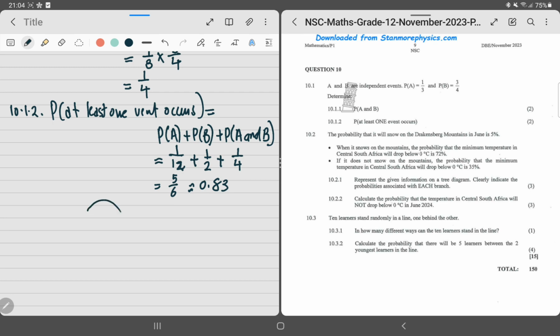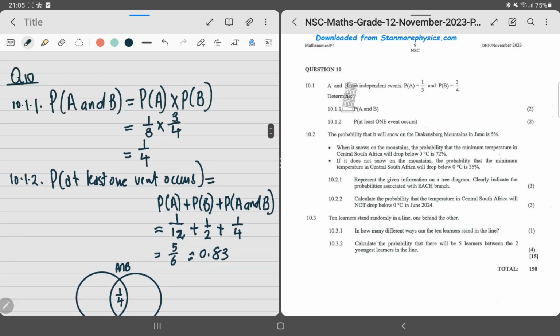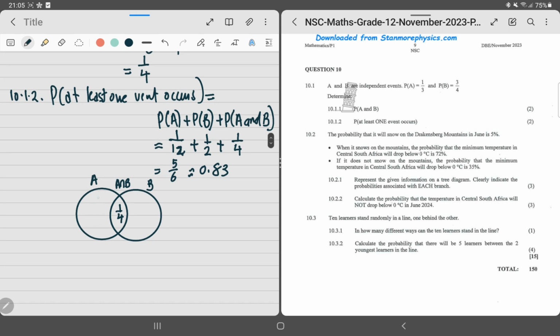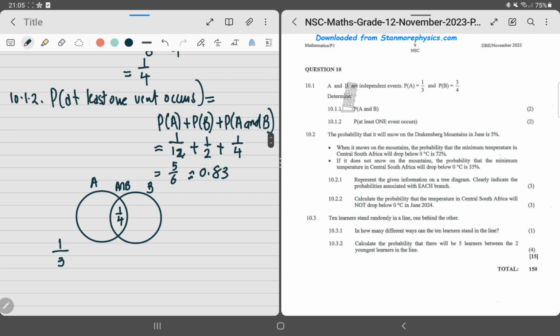Let me just try and show you where I'm getting these values. So the probability of A and B is 1/4. The probability of the whole of A is 1/3. So in order for me to get the probability of A alone, I must take the whole probability of A and then subtract 1/4 in order to get this portion. That's going to give you the 1/12.